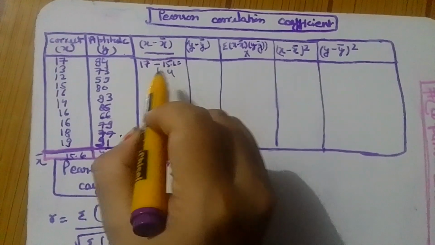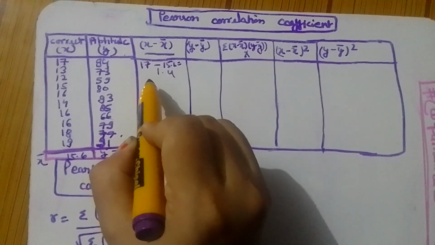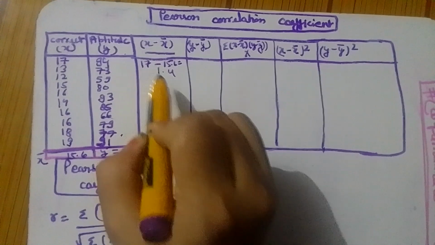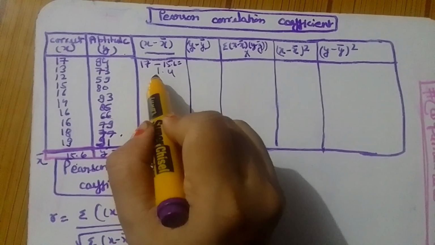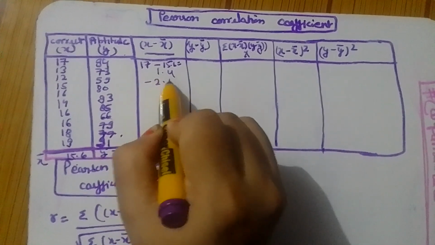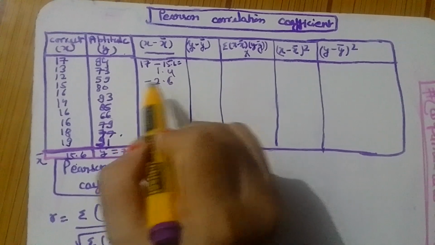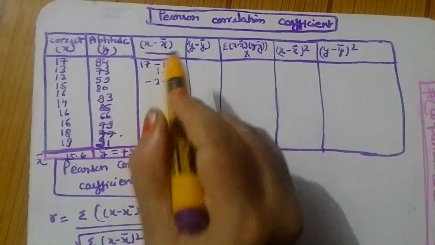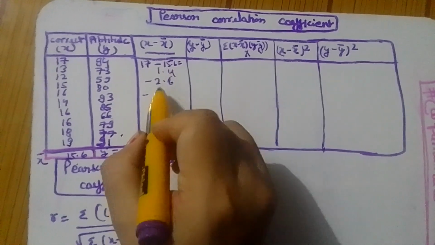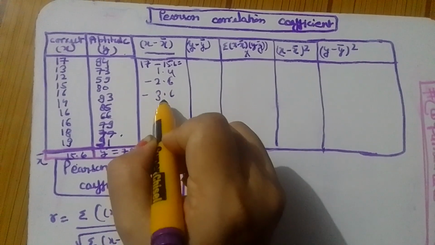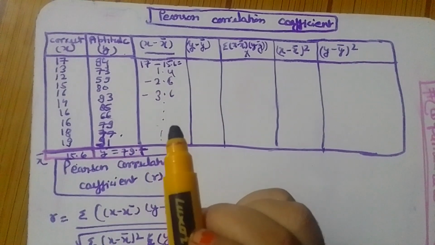For the second, 13 minus 15.6 comes to minus 2.6. And the next is 12 minus 15.6. How much would it come? 3.6. Likewise we will calculate like this.